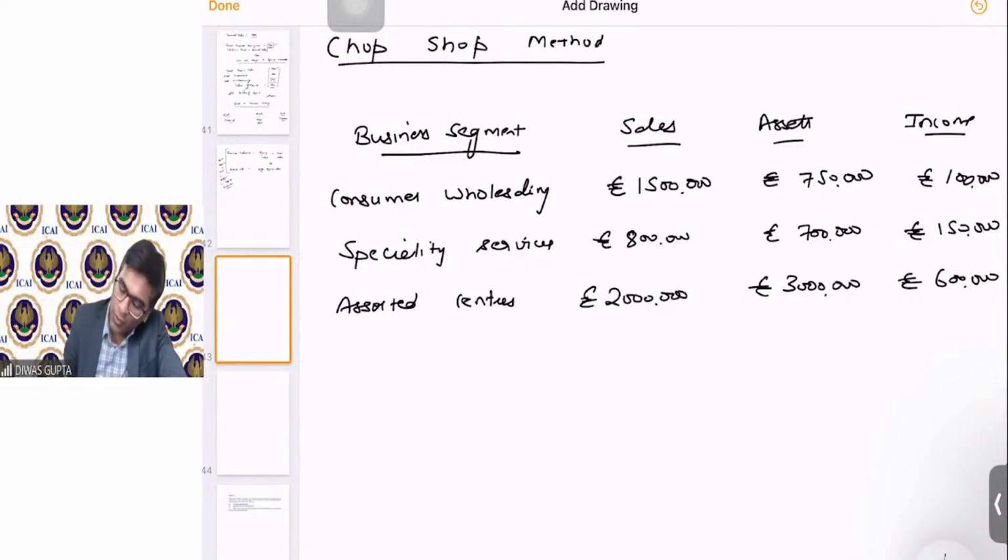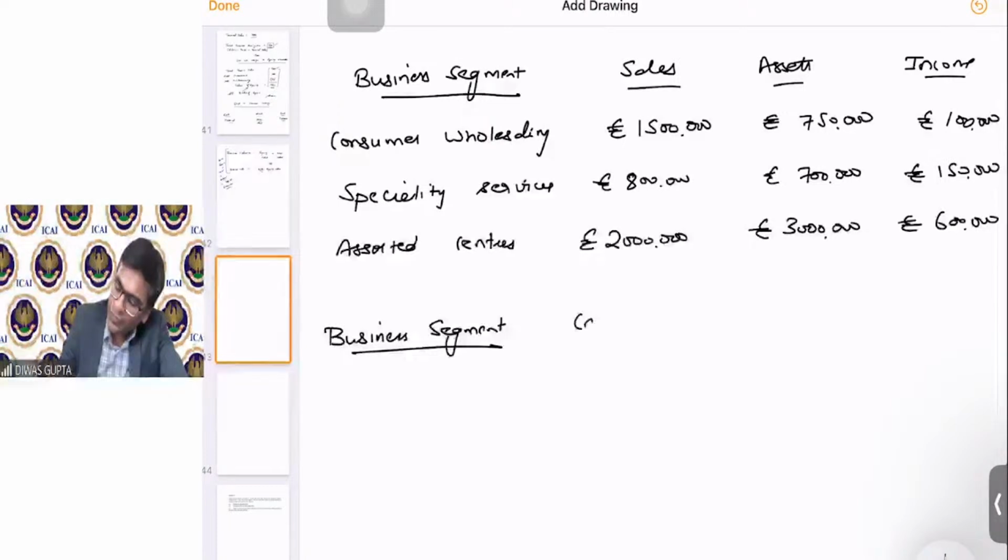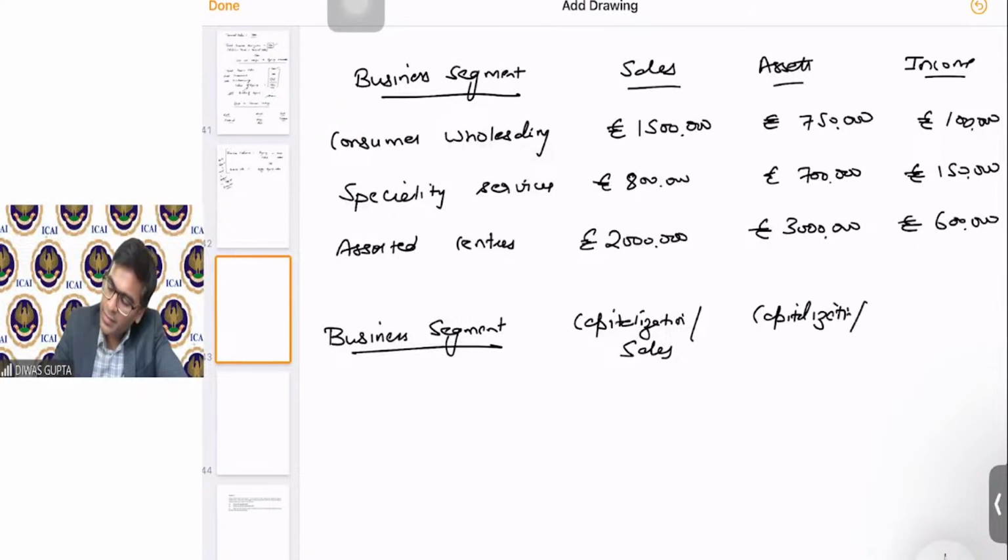So in addition to the above actual information, we have also been given the capitalization rates, right? The first one will be capitalization to sales, then capitalization for assets, and lastly, capitalization rate for income.